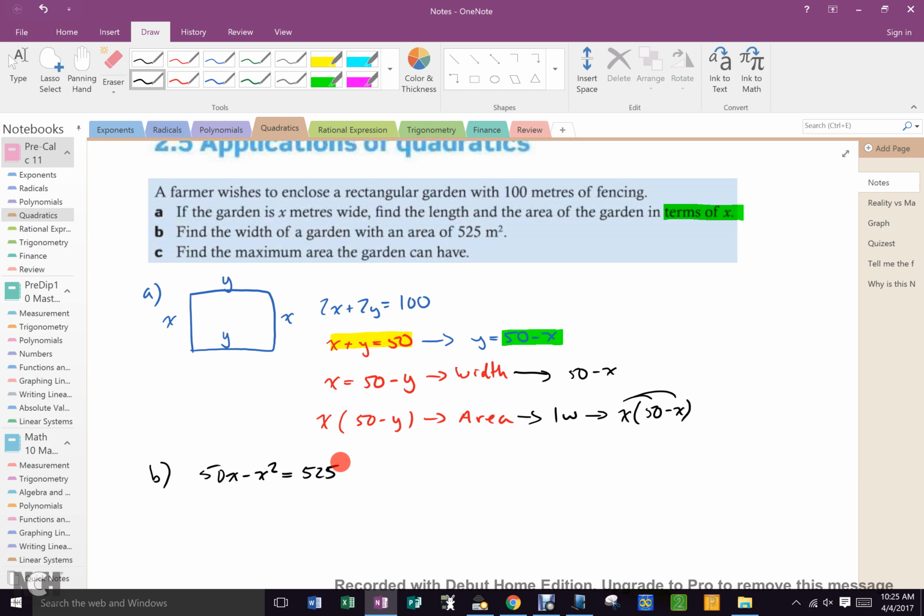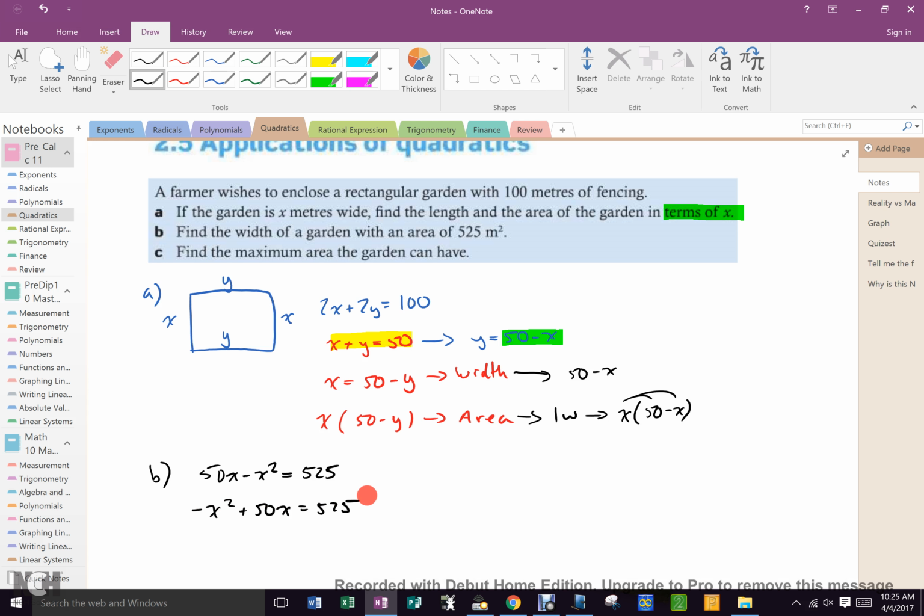Is this in a form that we like? No. How would we make it look like something we're happy with? Move it around. I'm going to put it in the right order. Is everybody happy with that? Now what can I do?